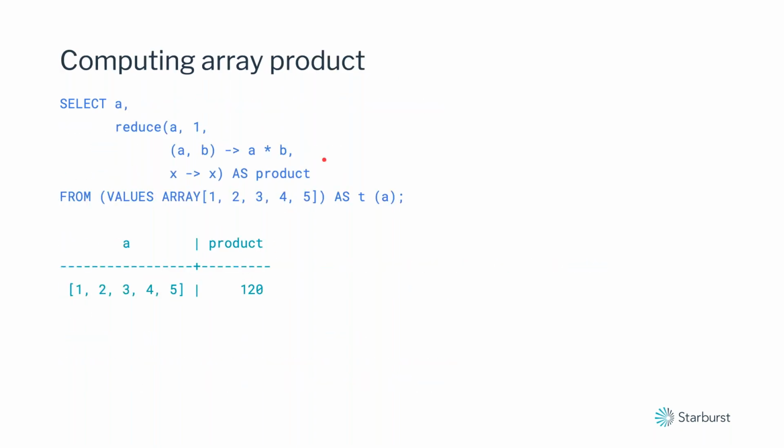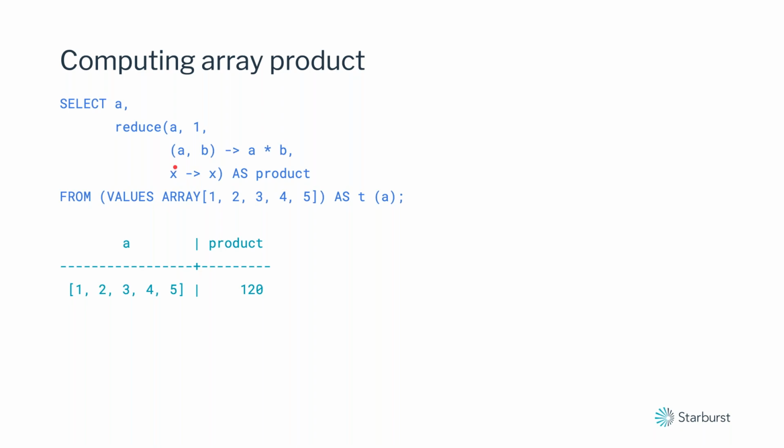And then similarly to reduce, we might want to transform the output of that into something else. So we've got this final function that will take the output and transform it into something else. In this case, the final output of our multiplication is the output that we want. So we use the identity lambda expression.